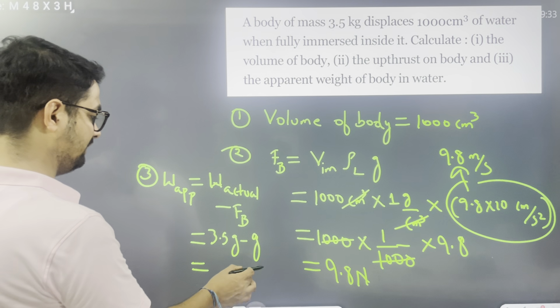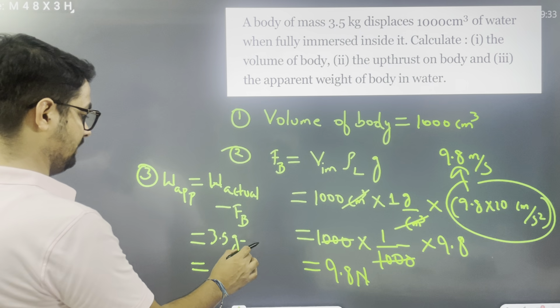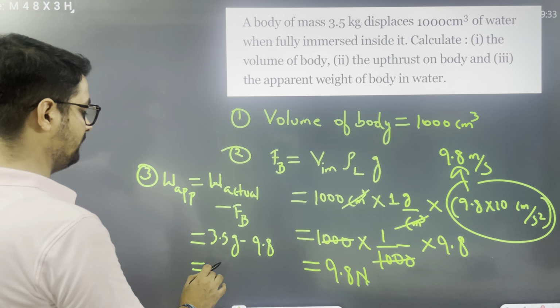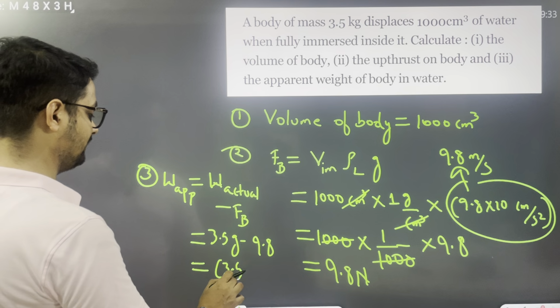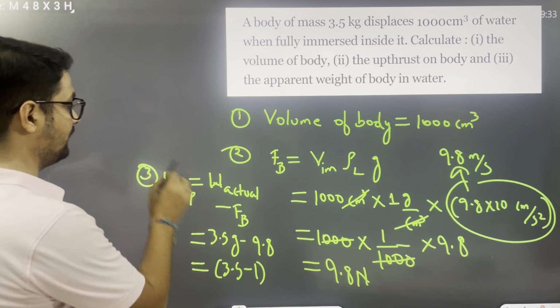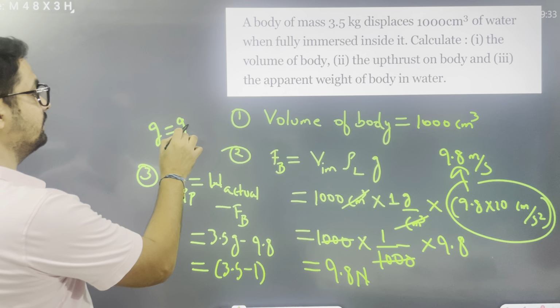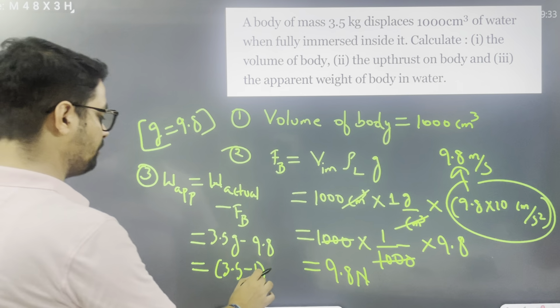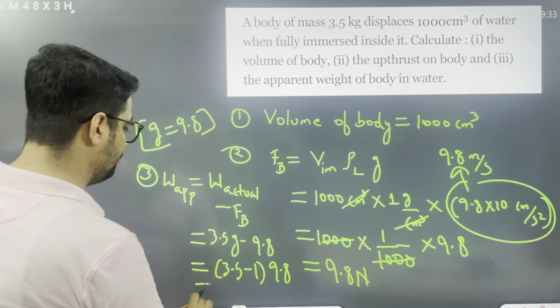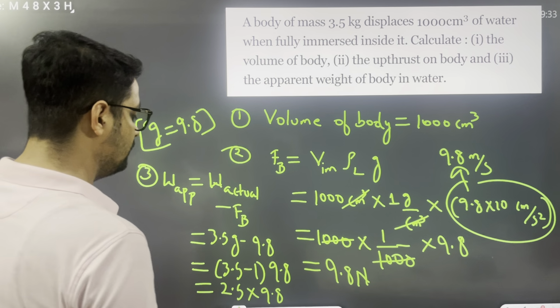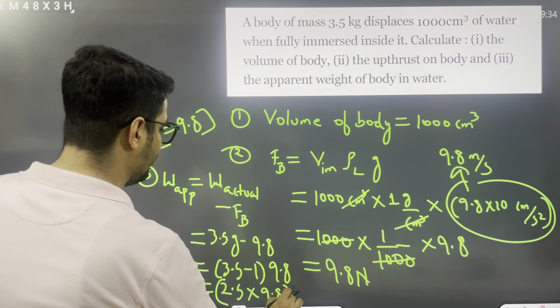So you can write it this way, 9.8. Then you will take common 3.5 minus 1, because the g value here is 9.8. I will take 9.8 common, so finally it will be 2.5 into 9.8, correct? So you will multiply, and you will get the answer in Newton.